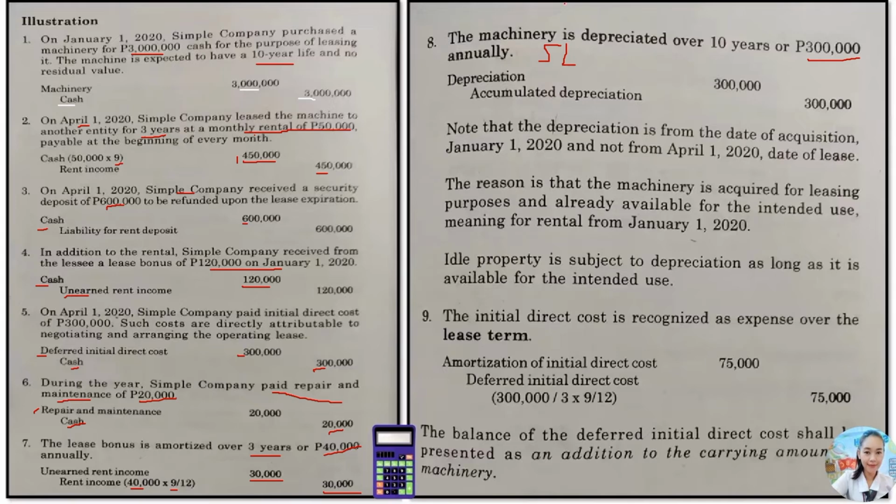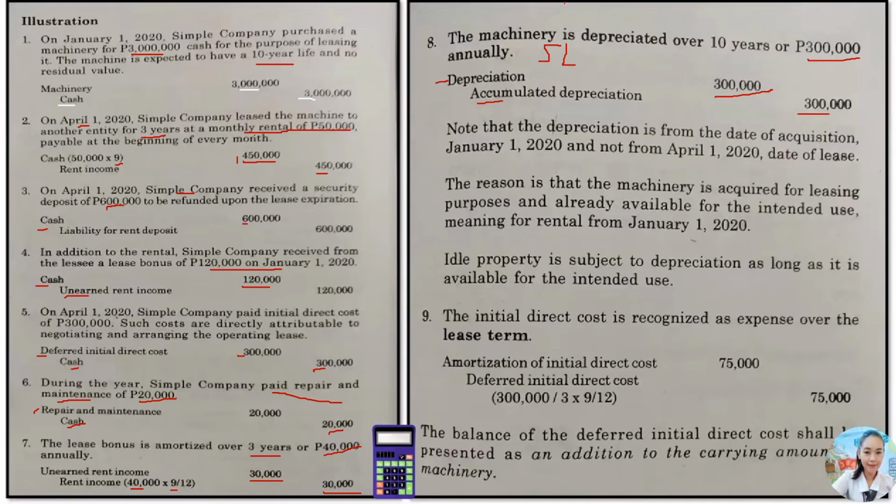Since this is an operating lease, Simple Company recognizes depreciation. So simply debit depreciation 300,000 and then credit accumulated depreciation 300,000.